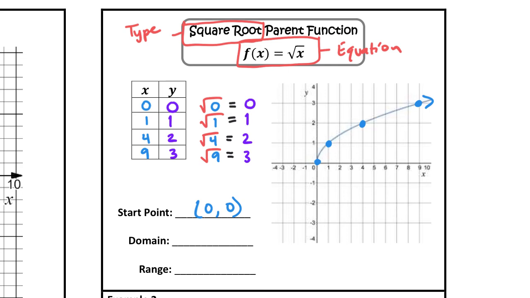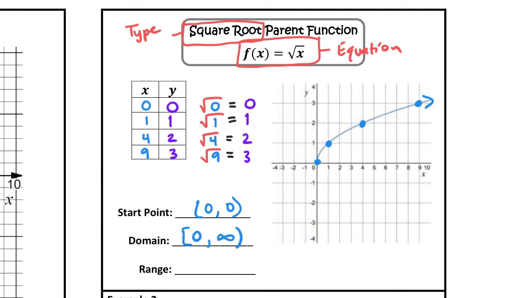The domain is scanning from left to right. So if I go from left to right, as I'm coming from the left, I hit the graph at 0, and then it goes towards infinity. So we're going to say it's from 0 to infinity.